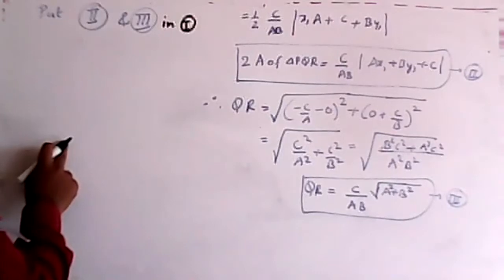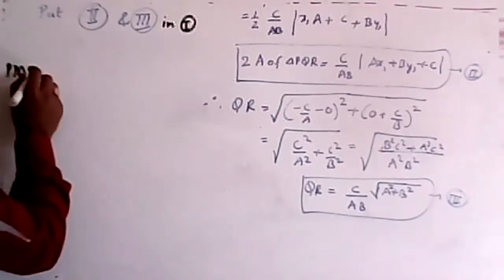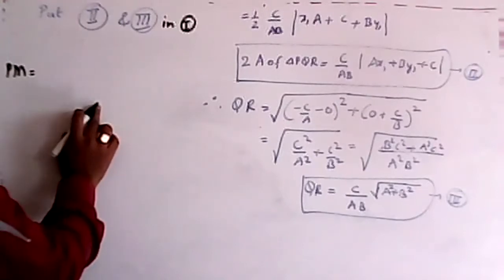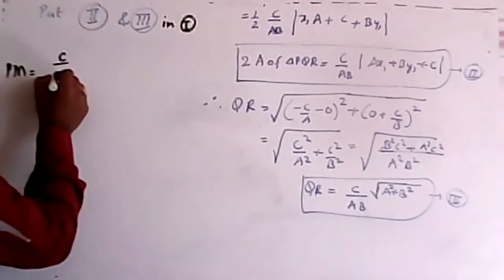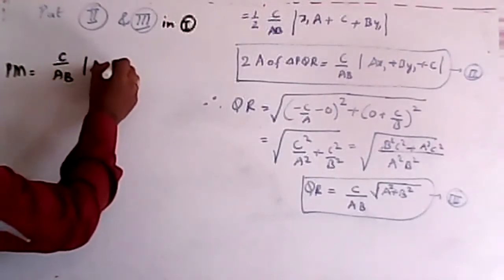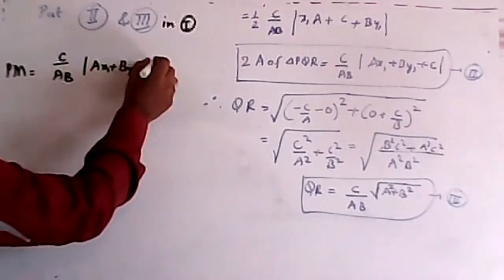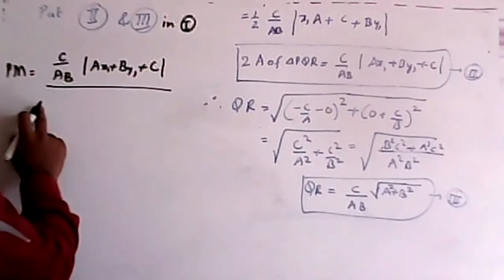What happens now? See, 1 is PM is equal to 2 times the area of triangle PQR. It is here now, that is c by ab into modulus of a x1 plus b y1 plus c, divided by QR.